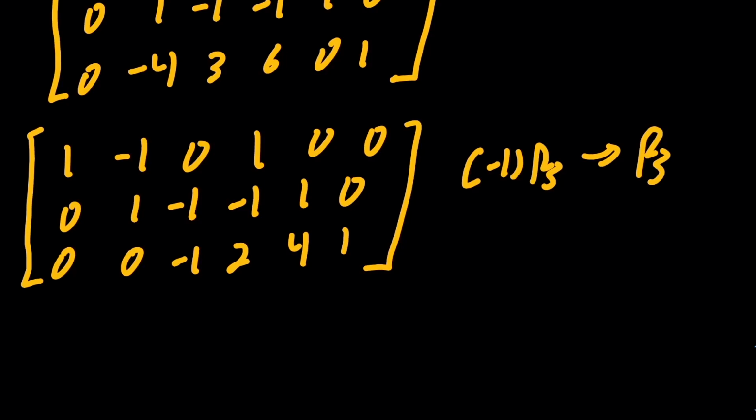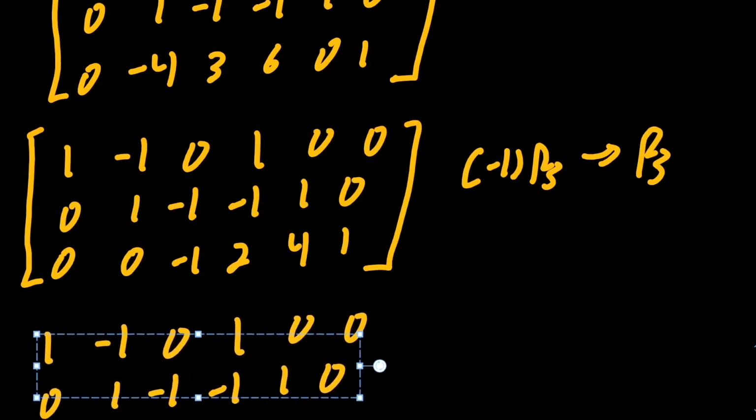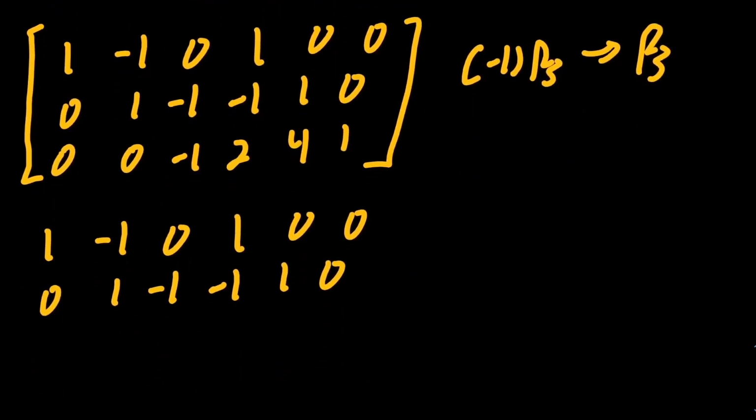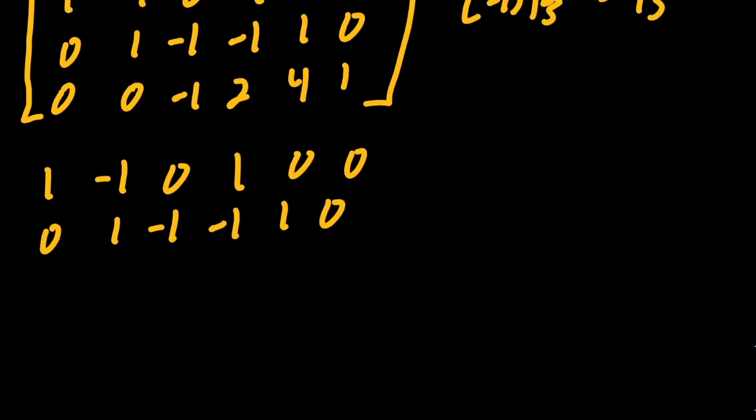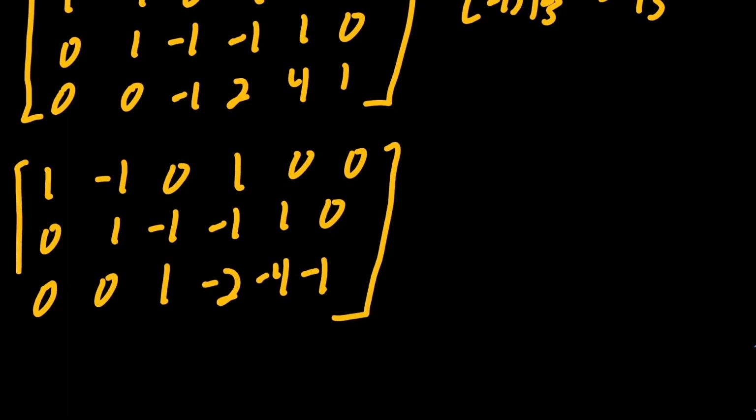Once again, rows 1 and 2 remain the same, and we're just multiplying the third row by -1. So that's 0, 0, 1, -2, -4, and -1. Sweet.